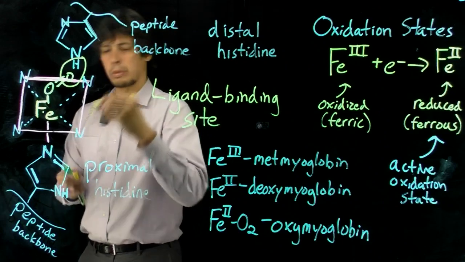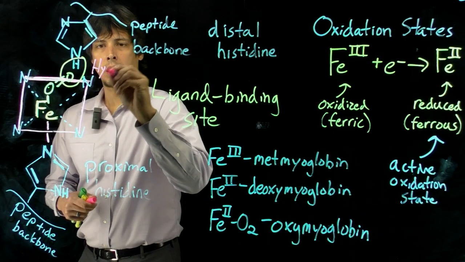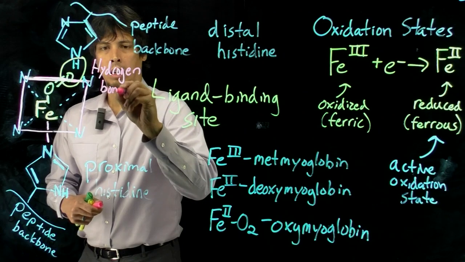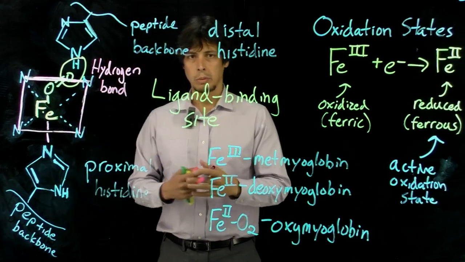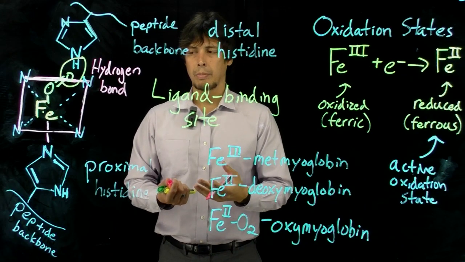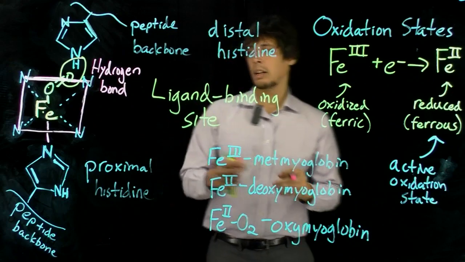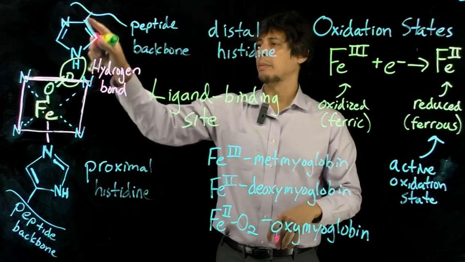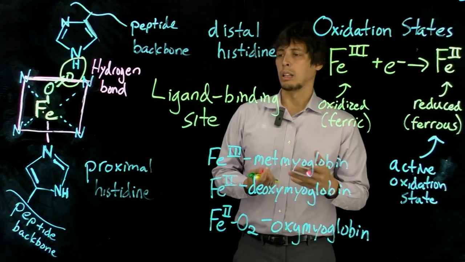That forms a hydrogen bond, and it's this hydrogen bond that actually helps to stabilize the oxygen binding to the heme. So it's the heme that allows for binding of the O2 in the first place, and then this distal histidine allows for stabilizing the binding of the O2 a little bit further.